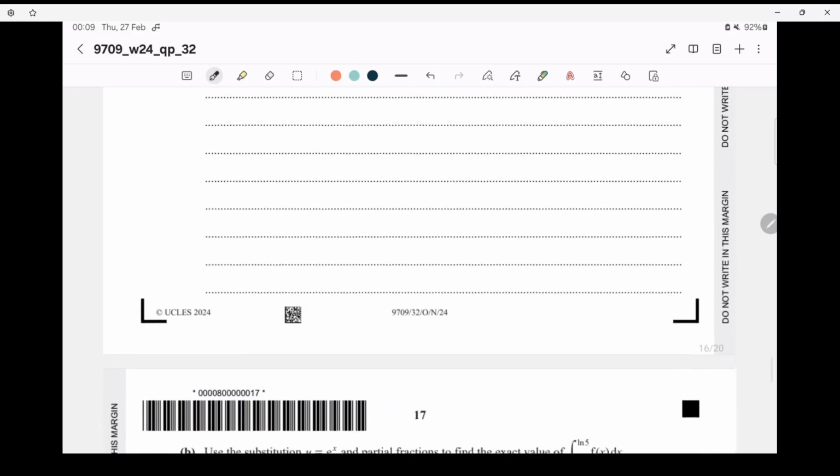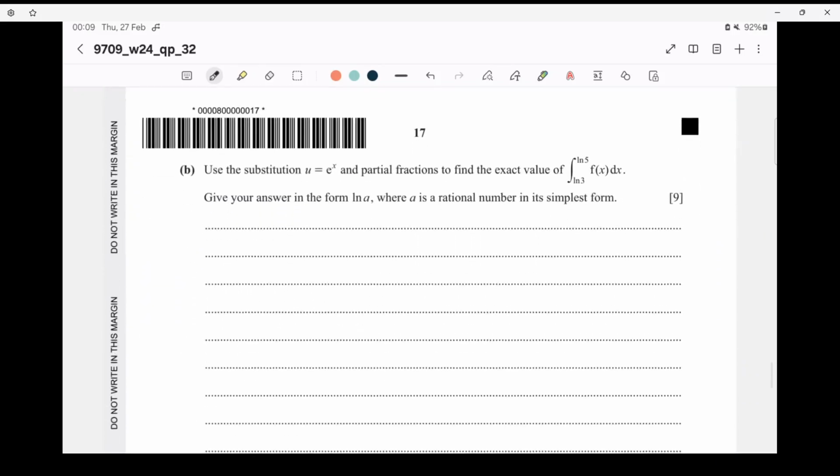The last question, use the substitution to find the exact value for that. Okay, so you integrate from ln 3 to ln 5. Write down your f(x). That will be e to the power of 2x minus 3e^x plus 2, e^2x dx.